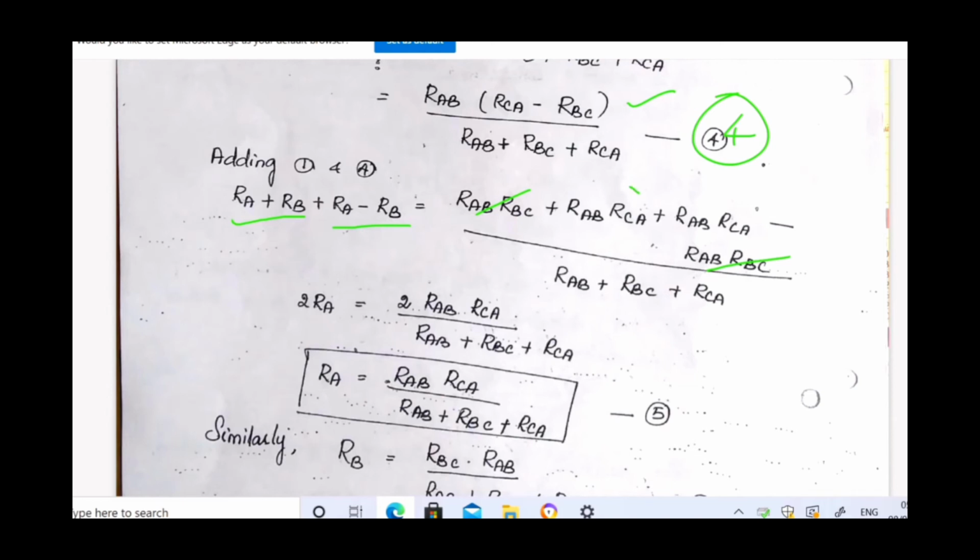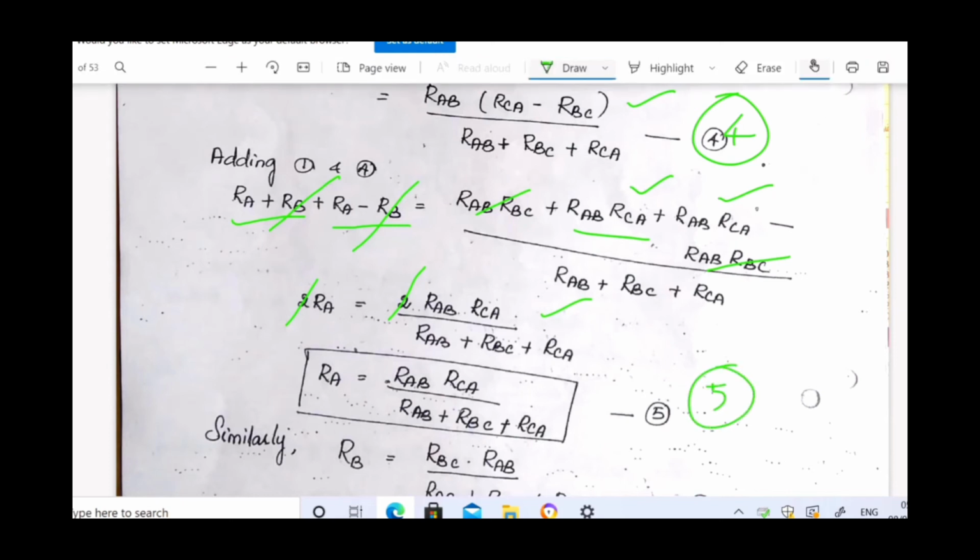We have 2 RAB RCA divided by the whole term. Here also on the left side RB gets cancelled. So 2RA equals 2 RAB RCA divided by the denominator. 2 gets cancelled, RA equals this. Fine, this is expression number 5.